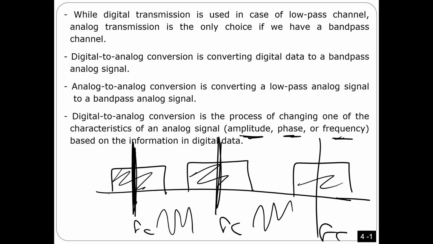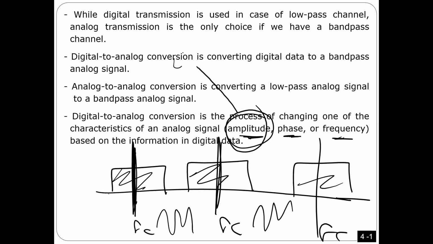When I do that, I guarantee I'm going to be in my band. But what do I mean by modify? One of 3 things. Number 1, I can modify the amplitude.